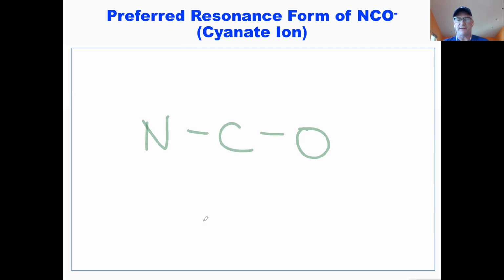How many on nitrogen? 5. So 5 here. Then how many on carbon? 4. And oxygen? 6. So 15.